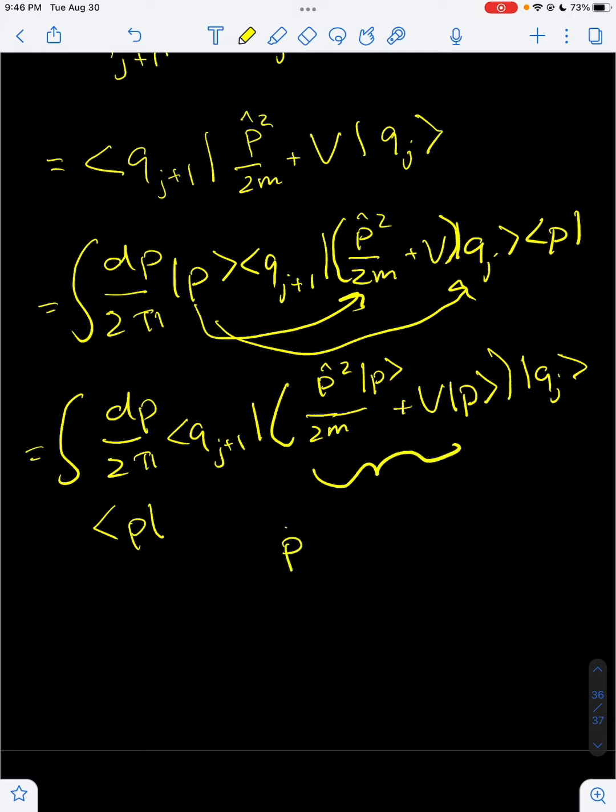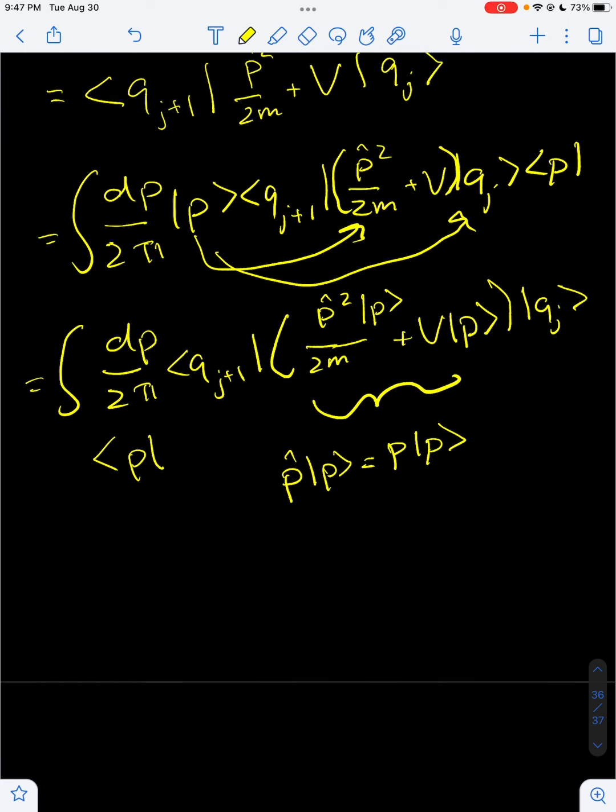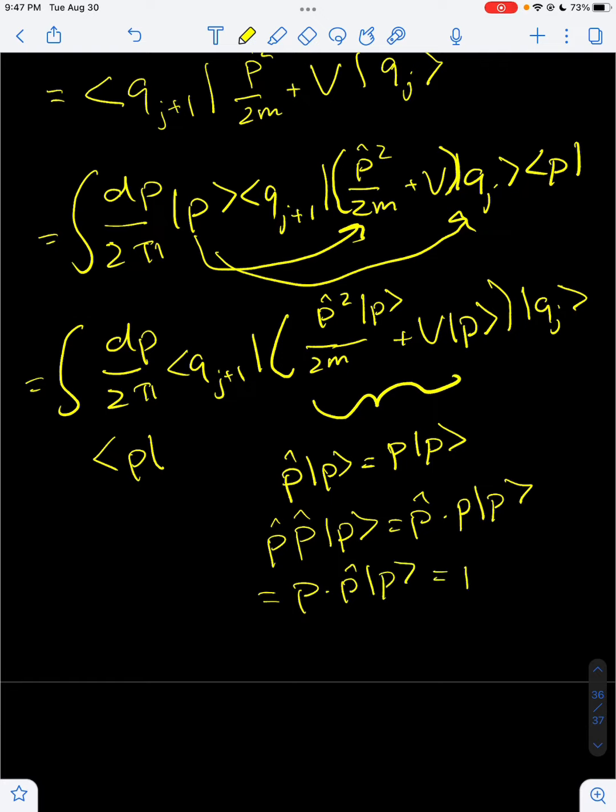So we want to find out what this is equal to. We know that p hat acting on |p> equals p times |p> by definition, right? So p squared is just two of the momentum operators, and they're acting on this momentum state. So that's just going to be p hat times p hat |p>, which is p times p hat |p>, which is p times p times |p>, or just p squared |p>.